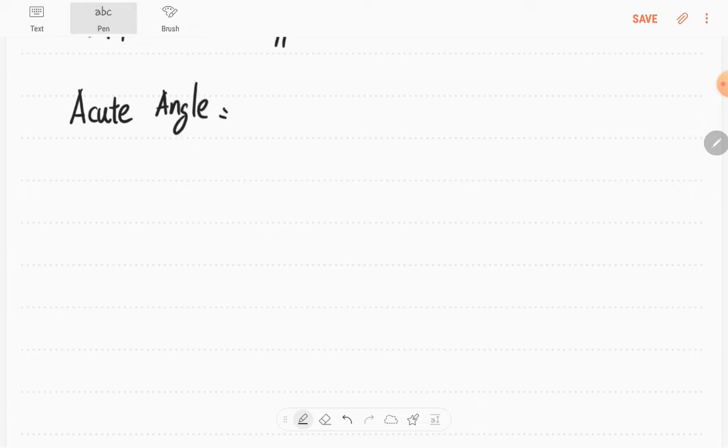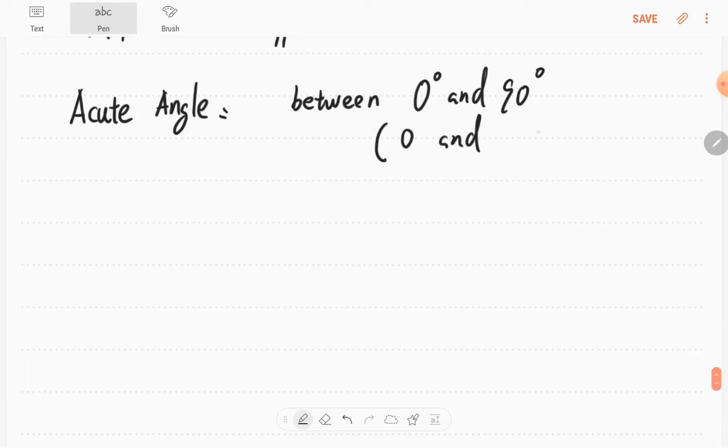Acute angle is the angle between 0 degrees and 90 degrees, or 0 and pi over 2. Okay. Pi over 2 equals 90 degrees.